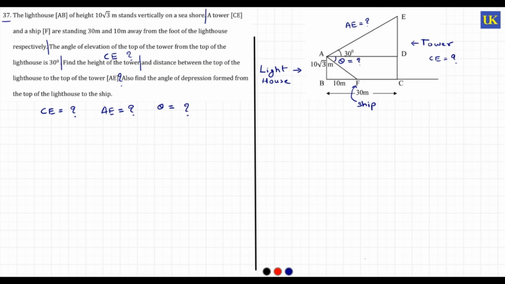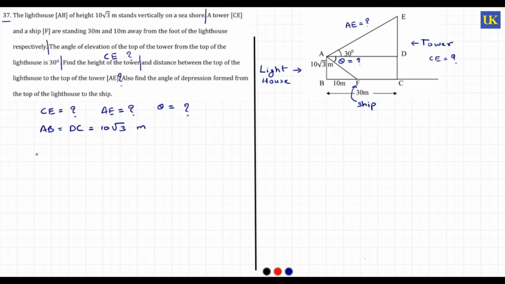Okay, now let us begin. What else have they given us? The distance AB, which is also DC, one and the same, is 10 root 3 meter.